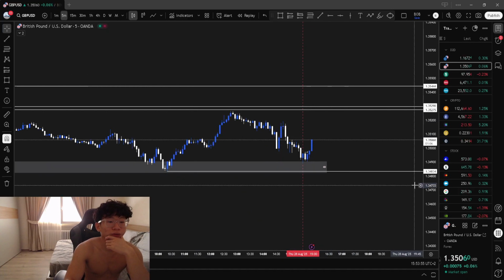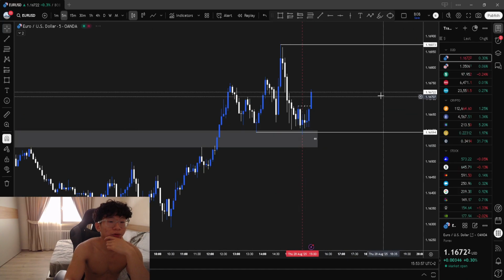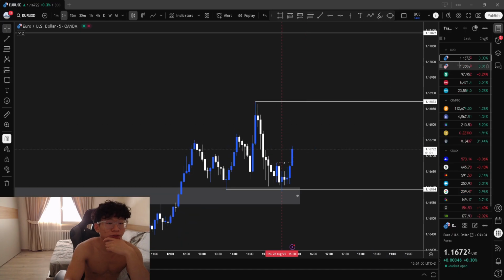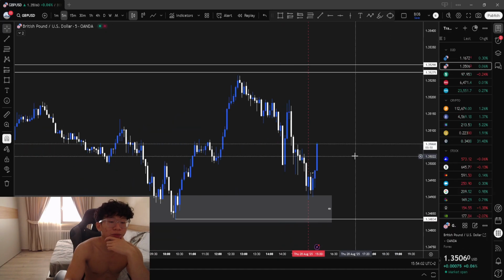You know what? Since both pairs are pretty similar, I think I will just focus on GBP USD.